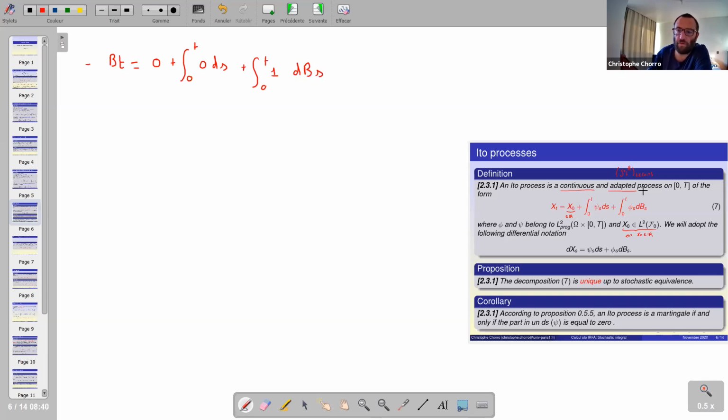Meaning that if you have in mind this decomposition of an Ito process, then the Brownian motion is a particular case because it is, of course, continuous and adapted, and fulfills this relation with x0 and psi equal to 0, and phi equal to 1. So this one is an Ito process.